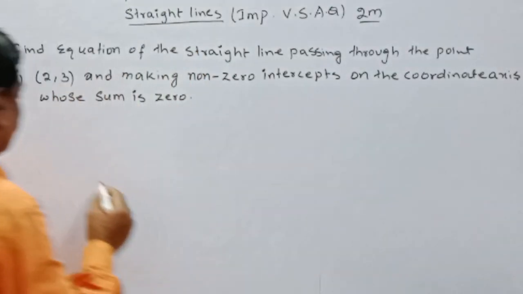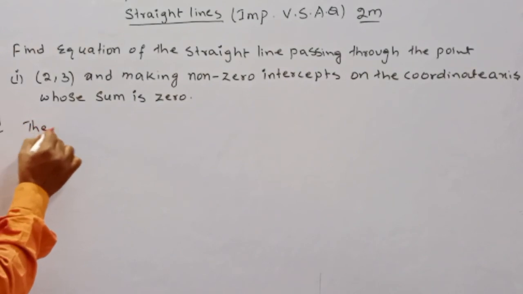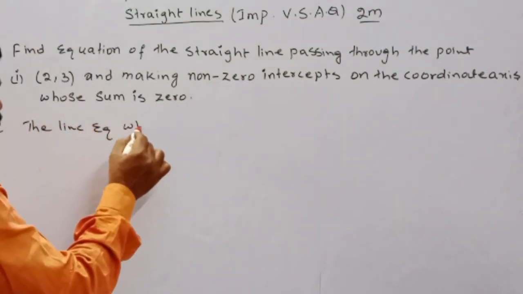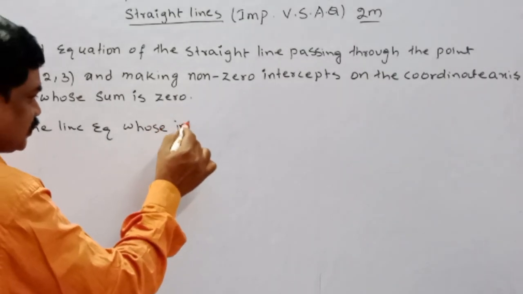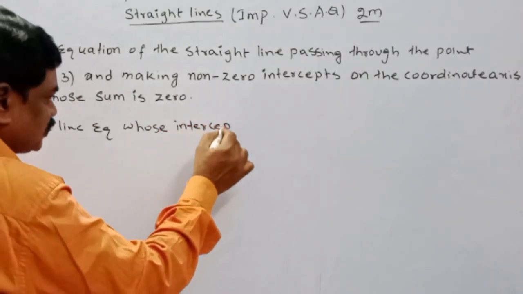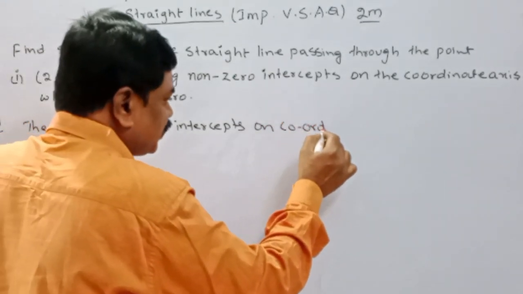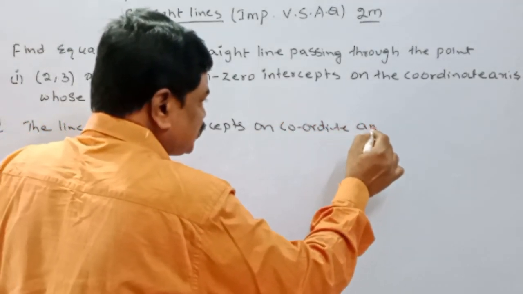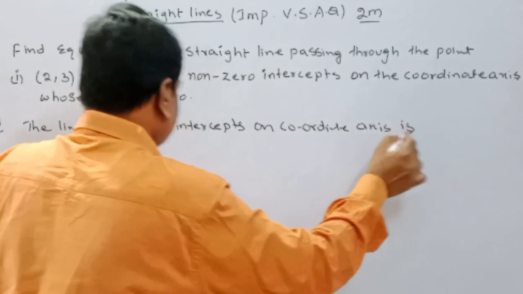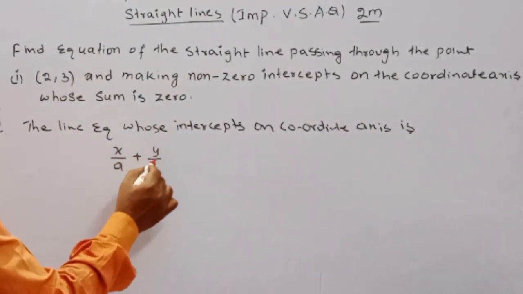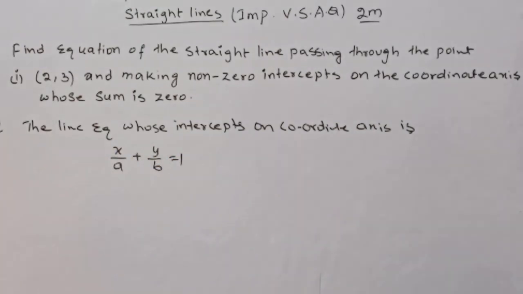So, the line equation whose intercepts on coordinate axis is x by a plus y by b is equal to 1.